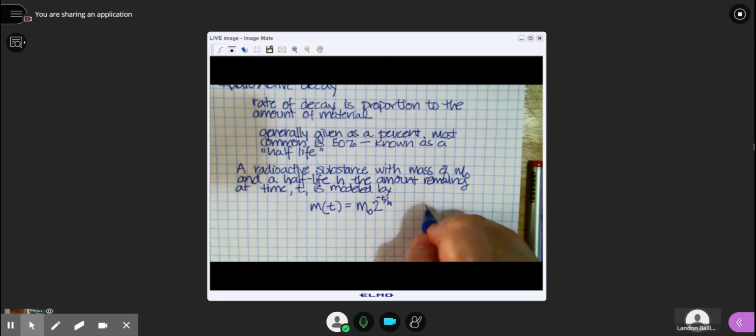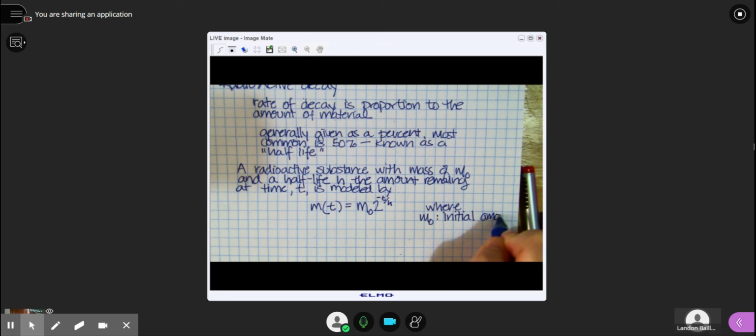And again, m sub 0 is our initial amount, t is the given time, and h is your half-life.